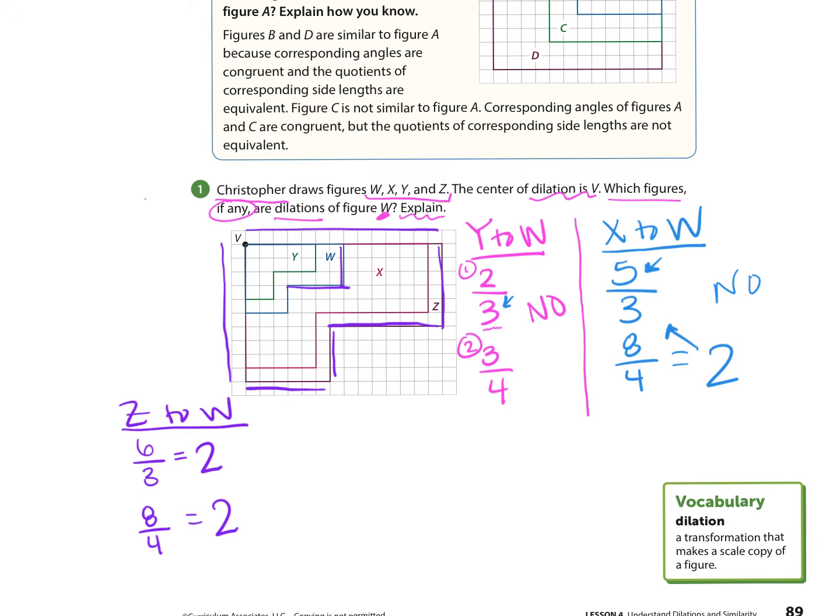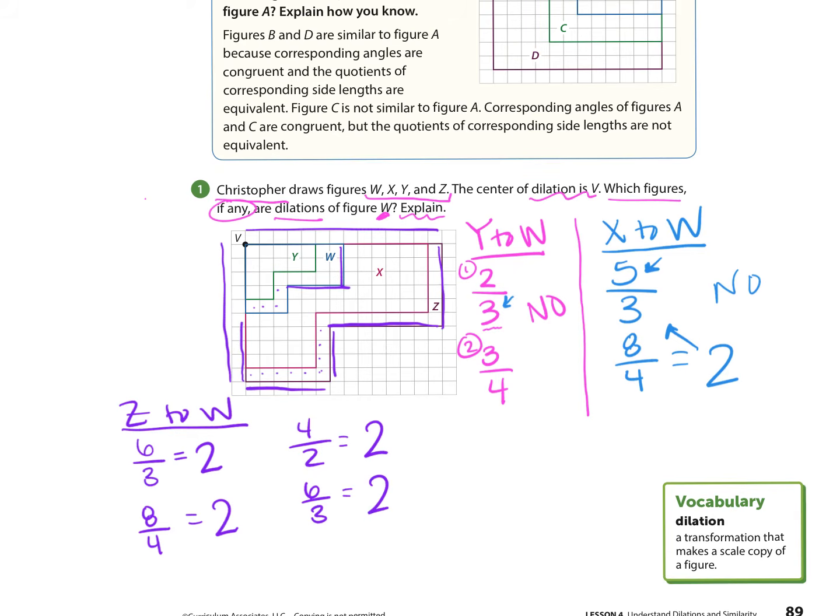You should pause here, see if you can find those fractions on your own, and then come back to see how you did. This side right here, 1, 2, 3, 4. Corresponding side, 2. 4 divided by 2 is 2. This side right here, 1, 2, 3, 4, 5, 6. Corresponding side, 1, 2, 3. 6 divided by 3 is 2.